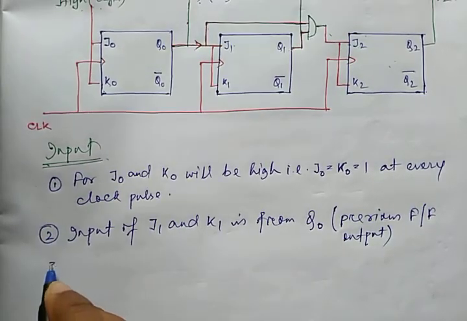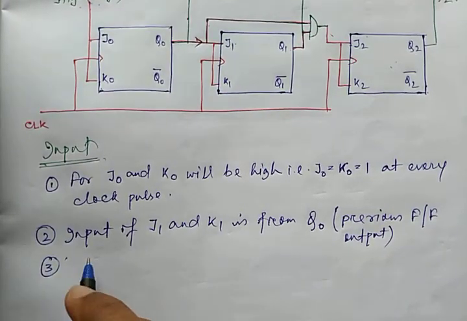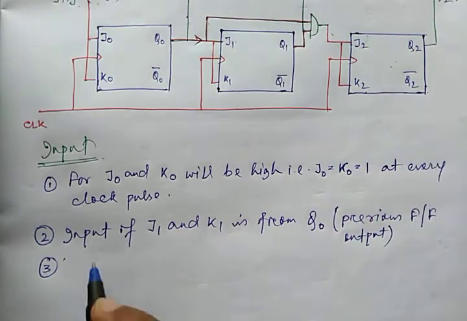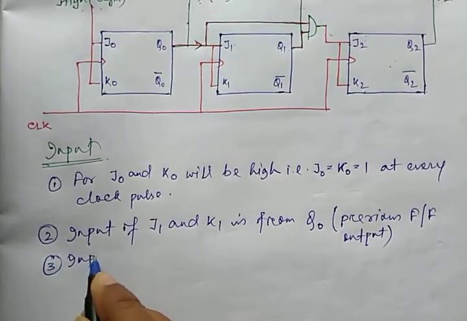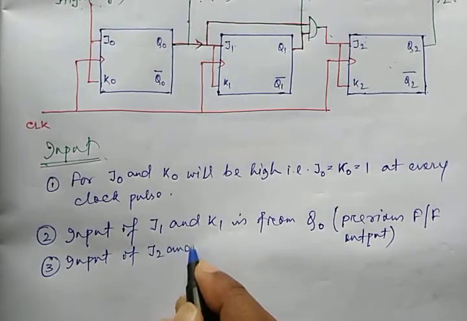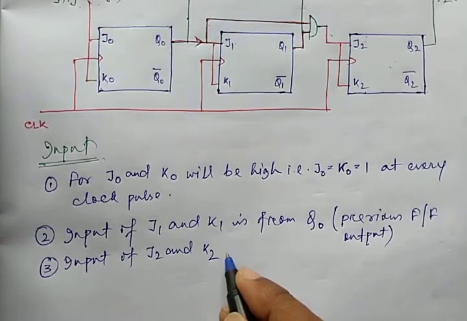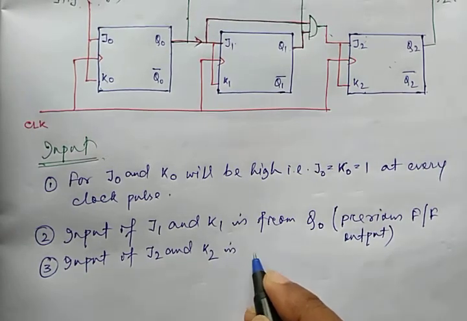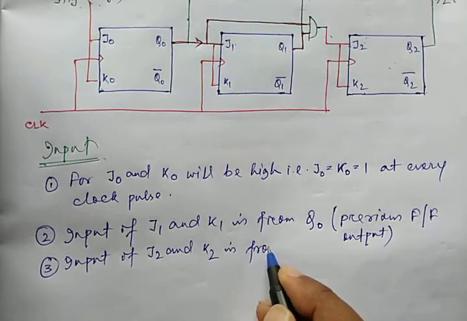And the third point is the input of J2 and K2.